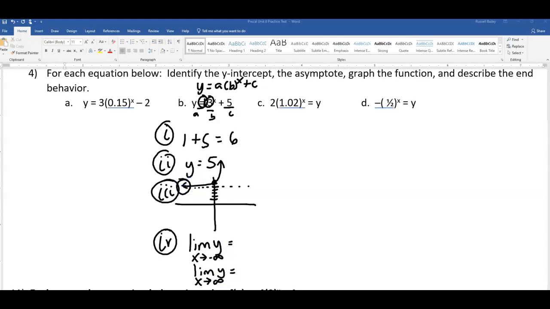And on the left side of the graph, my y value seems to be approaching the horizontal asymptote, which is 5. On the right side of my graph, it seems that my y value is going up forever, and so we would call that infinity. And that's how you describe the end behavior of your function. Let's go ahead and take a look at part C.